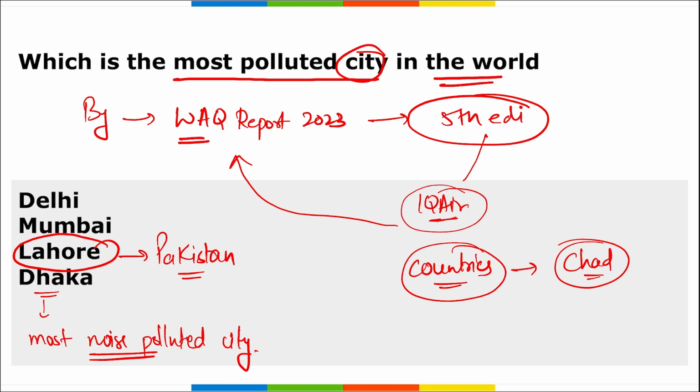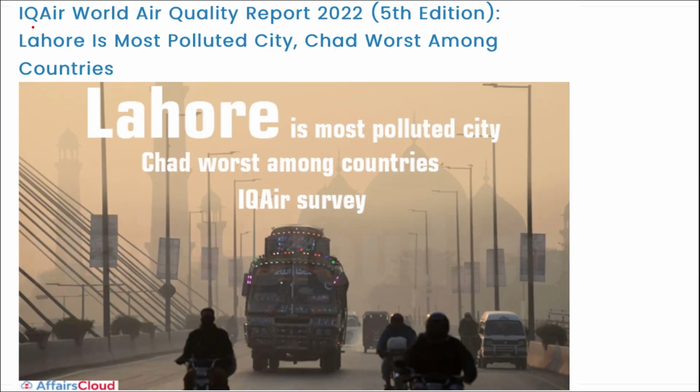What is the capital of Pakistan? I bet most of the people will say Lahore, but remember Islamabad is the capital of Pakistan and the currency here is Pakistani rupees. So here you can see IQ Air World Air Quality Report was released. This was the 5th edition of this World Air Quality Report released by IQ Air. And here Lahore is the most polluted city, as Chad is the worst air polluted country in the world.